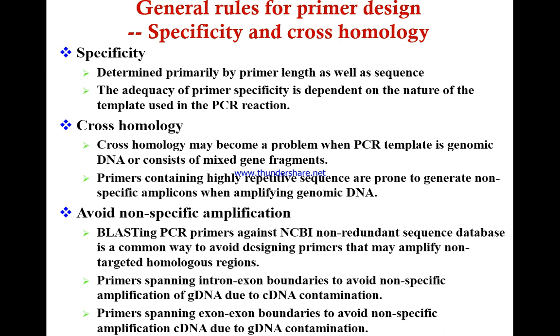The adequacy of primer's specificity is dependent on the nature of the template used in the PCR reaction. Cross homology may become a problem when PCR template is genomic DNA or consists of mixed gene fragments. Primers containing highly repetitive sequences are prone to generate non-specific amplicons when amplifying genomic DNA.